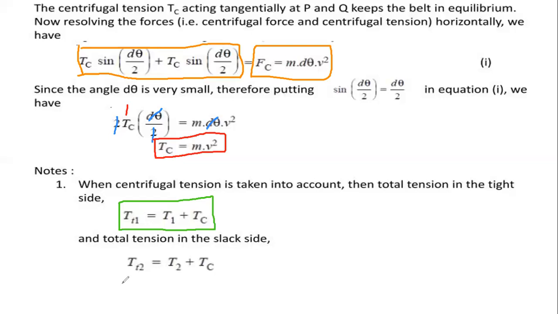And the total tension on the slack side, the other part of the belt, is taken as TT2 is equal to T2 plus Tc. So these are the two sections for the tight side and the slack side portions.